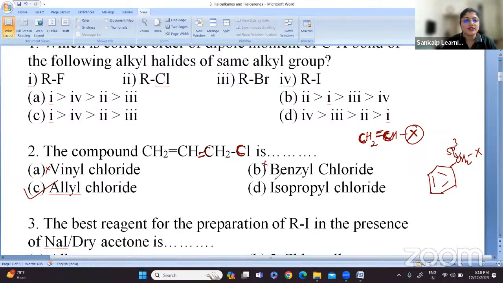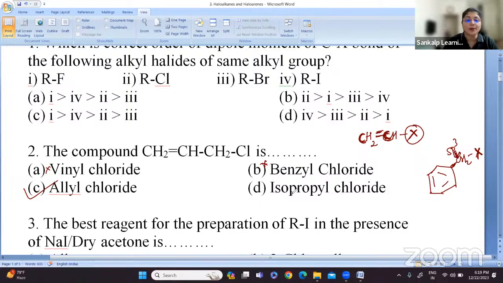No. It is attached to a sp3 hybridized carbon, but it is not next to an aromatic ring. So this option is also discarded.